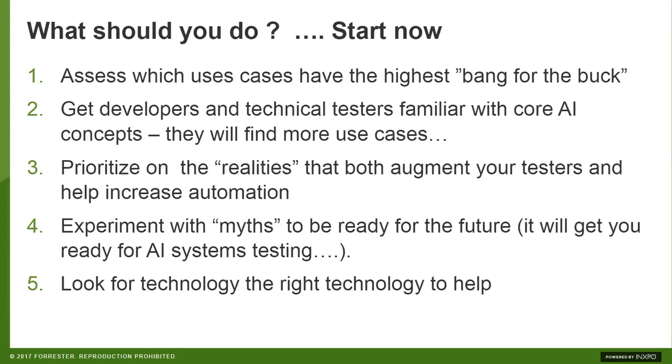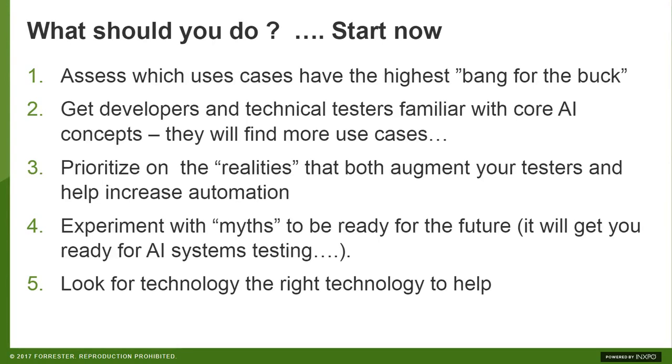So get developers and technical testers familiar with some of these core concepts, throw them at those that are coding the machine learning algorithms, and learn about those technologies out there. Prioritize the realities, and look at both augmenting and the objective of automation.